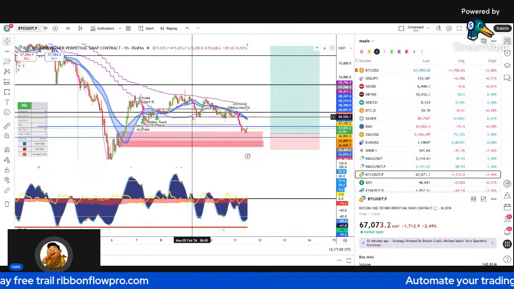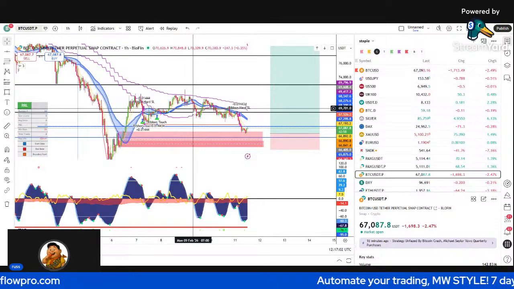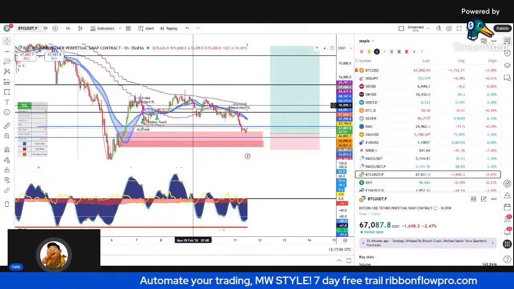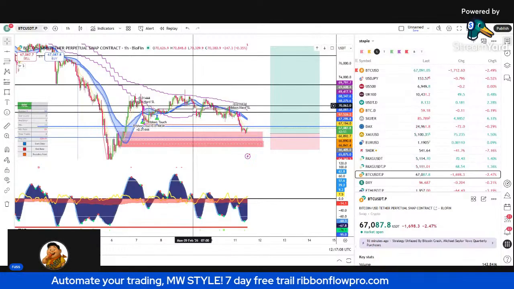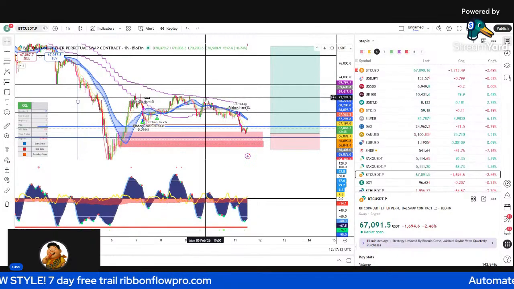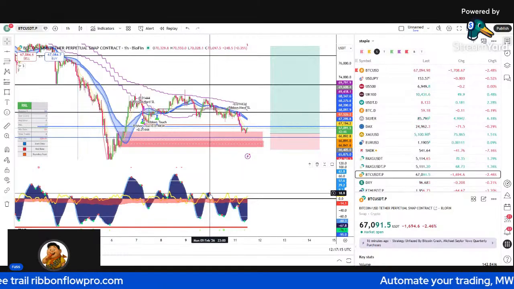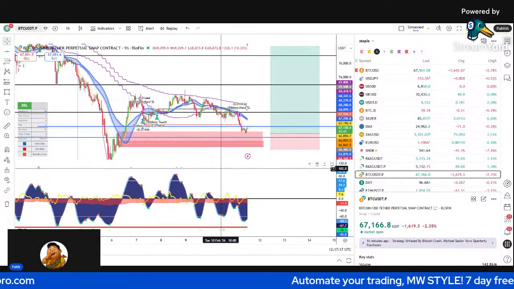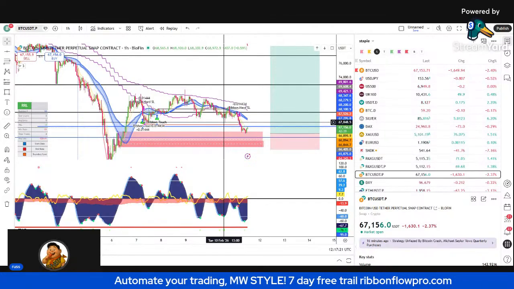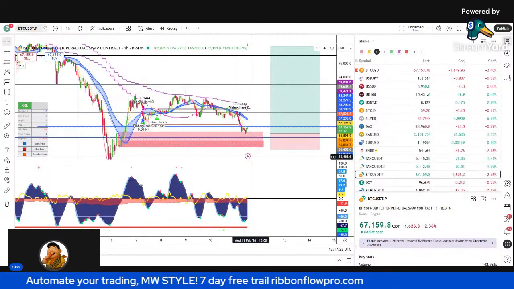This is not a great short, but it's under the ribbon, so I probably wouldn't short it, but you could. It was as we came and closed below the ribbon, so maybe that was a good short. Here this green dot, long, here, short, and then here, long. That's not a very good one. Here, short, long. So you can see it.